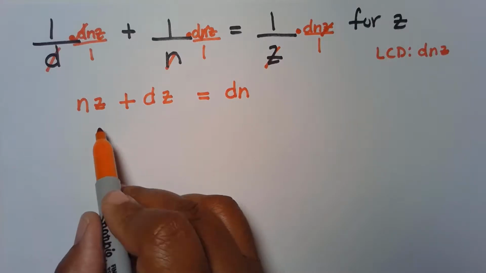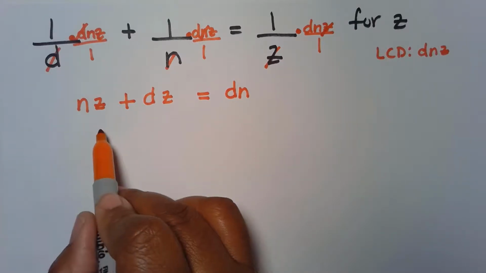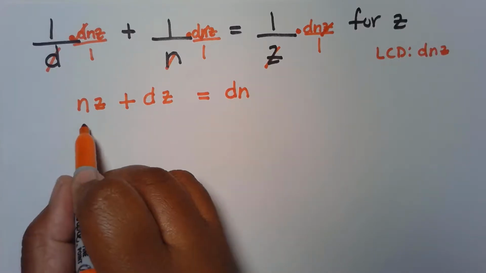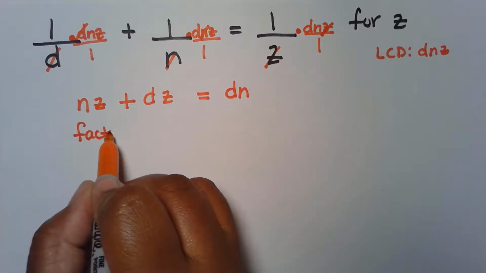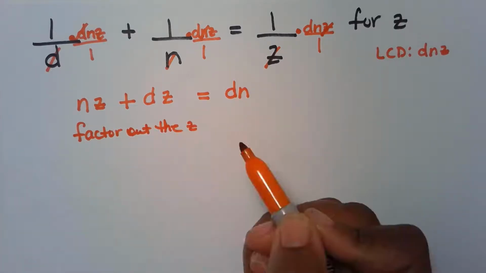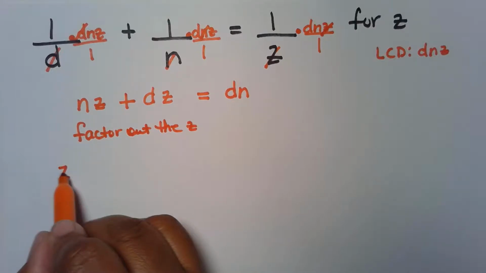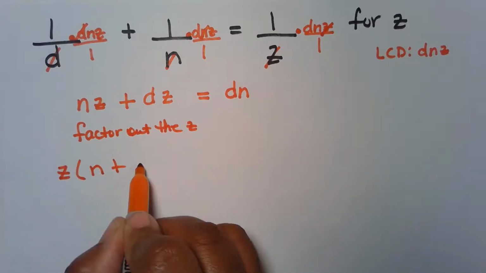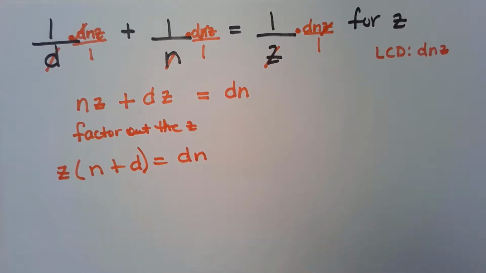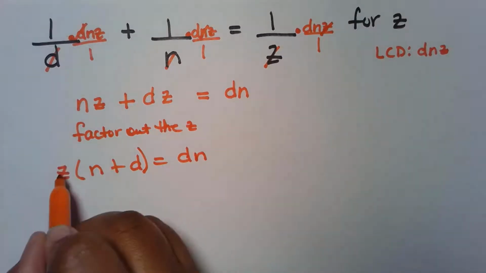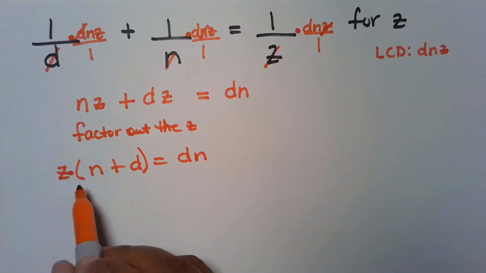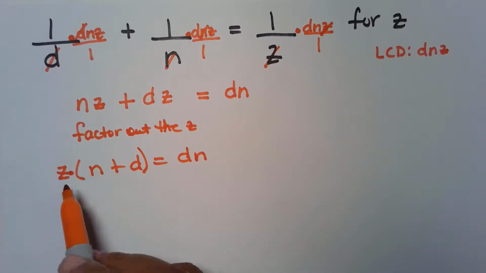So next on the left hand side, we have NZ plus DZ. We want to factor out the Z. So let's factor out a Z, and we have Z times the quantity of N plus D, as in dog, equals DN.